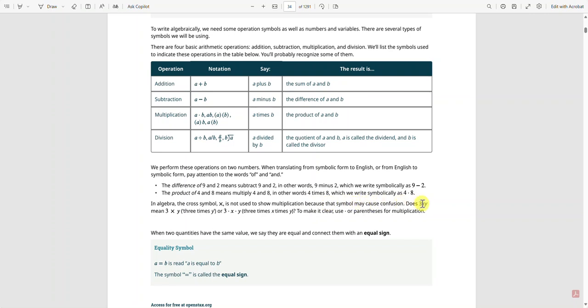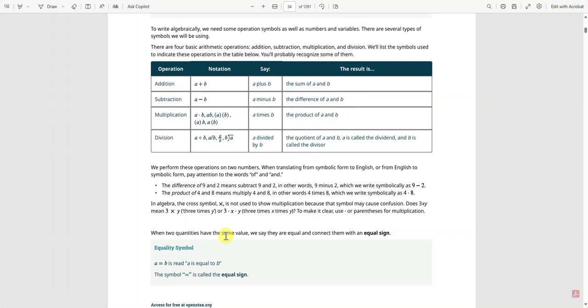Does 3xy mean 3 times y or 3 times x times y? So that could be confusing. To make this clear, we use the dot operator or parentheses for multiplication, and you can see all of that up here in this chart. So we don't use the X sign for multiplication in algebra because it can cause confusion.